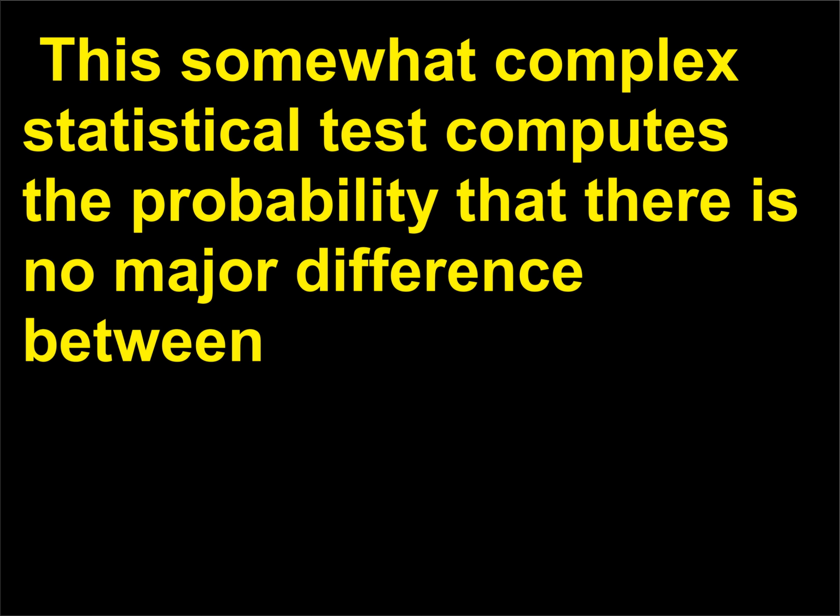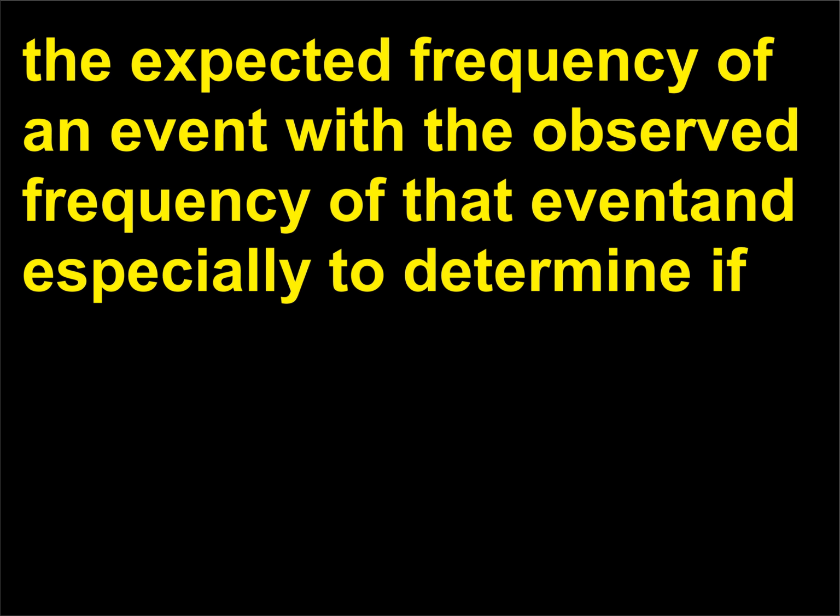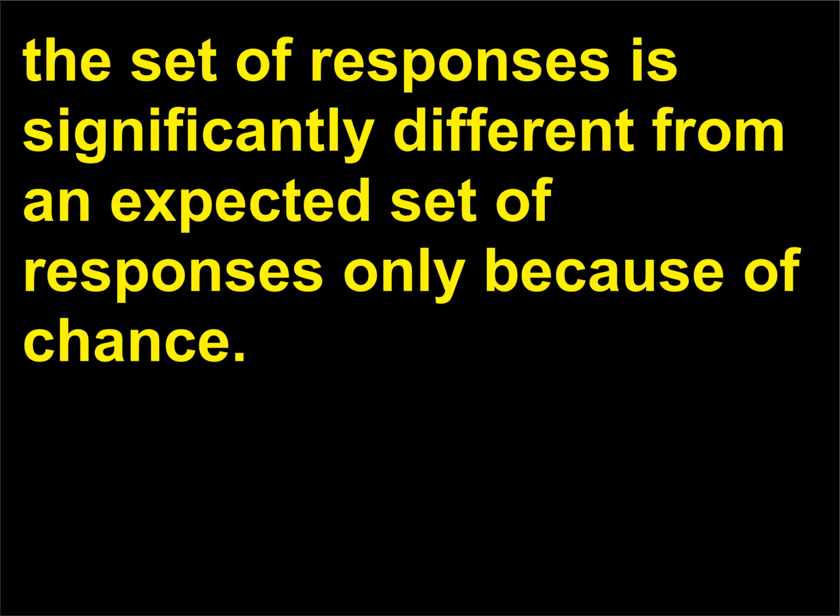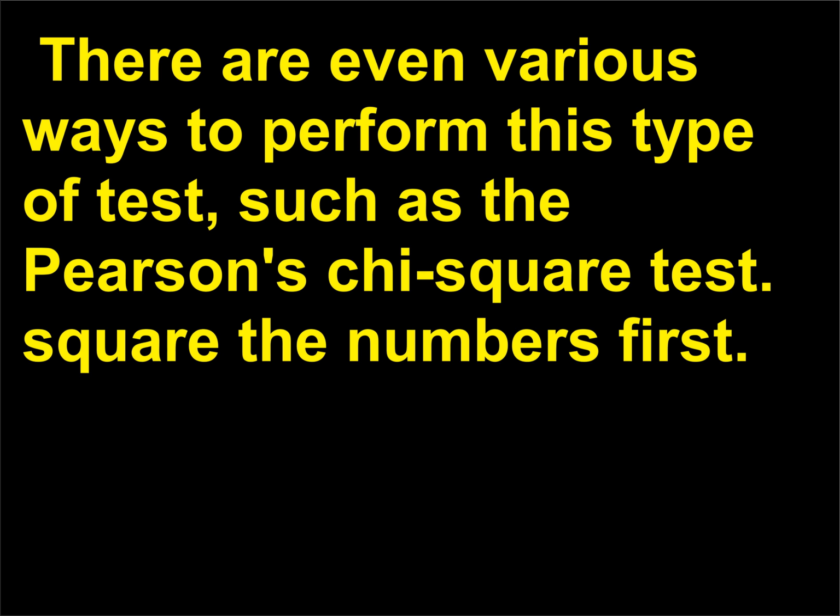This somewhat complex statistical test computes the probability that there is no major difference between the expected frequency of an event and the observed frequency of that event, and especially to determine if the set of responses is significantly different from an expected set of responses only because of chance. There are even various ways to perform this type of test, such as the Pearson's chi-square test.